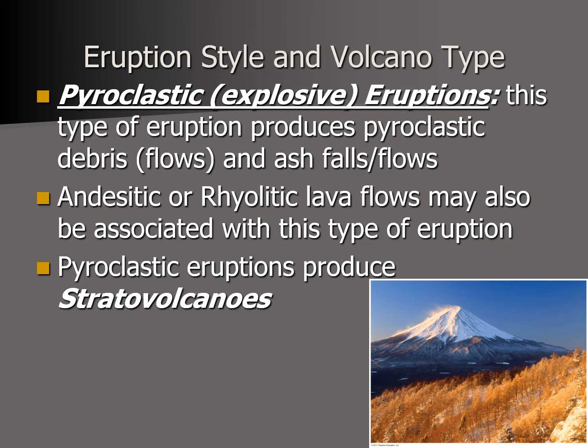You can have lava flows associated with your pyroclastic eruptions, and they tend to be andesitic or rhyolitic. But generally, the lava flows are probably part of a larger pyroclastic eruption, and you're not really even going to see those lava flows. What you're going to see, hopefully from a distance or from a newscast, is the pyroclastic cloud. So these dangerous pyroclastic eruptions produce stratovolcanoes, which are our most dangerous volcanoes.